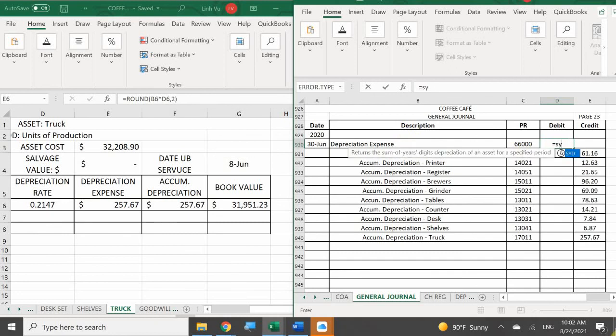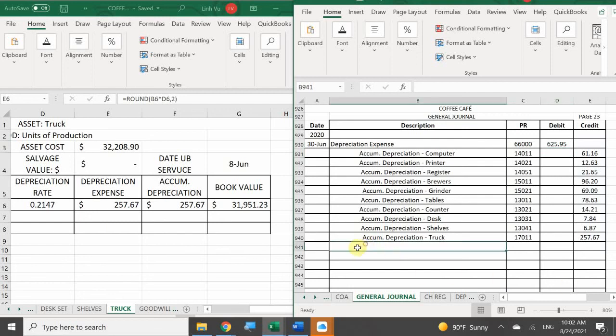Okay. So, of course, at the end of the day, what's your grand total depreciation expense? You're going to sum this. $625.95. Yes, that's correct. Good.